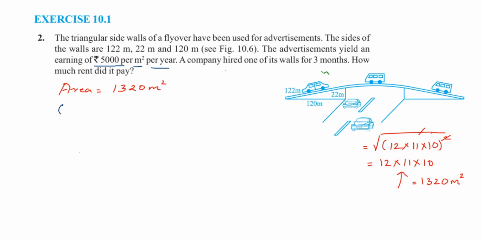So it's given in the question that earning on 1 meter square per year is rupees 5000. Now this is per meter square, they are charging 5000 rupees, and that is for a year.